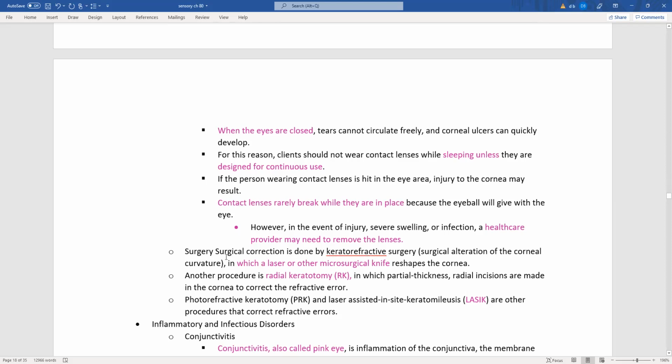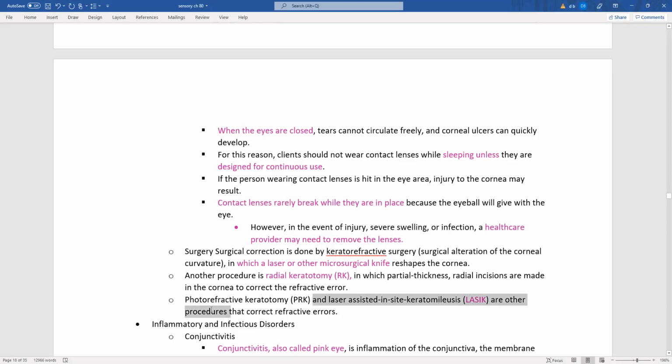That's surgical alteration of the corneal curvature, in which a laser or other microsurgical knife reshapes the cornea. Another procedure is radial keratotomy, in which partial thickness radial incisions are made in the cornea to correct the refractive error. So when you see "tomy," you know an incision has been made.